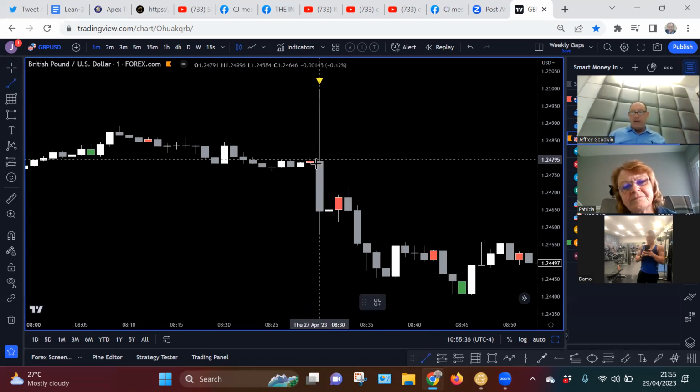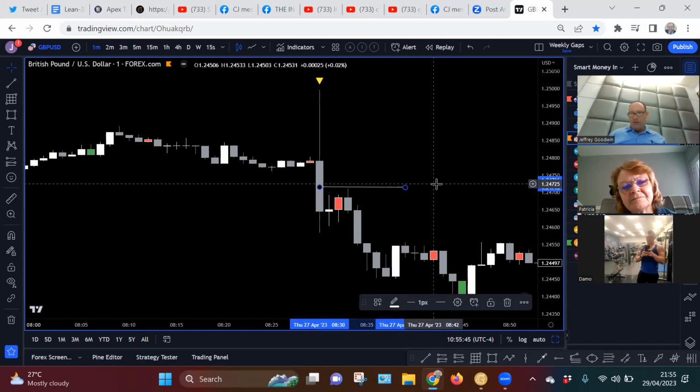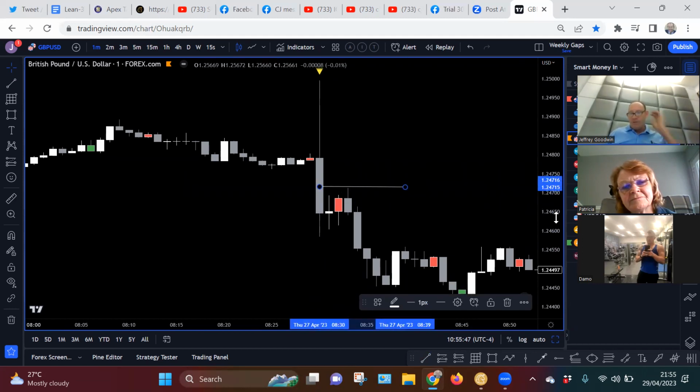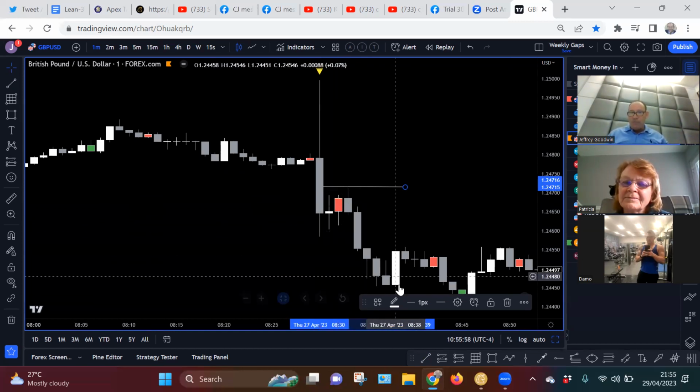Because we have a big candle like this, what could happen is it could go to what did I say previously? The 50%. Oh my God, the light bulb moment happens, doesn't it, Patricia? But that would be the wrong way, would it then? Well, yeah, but just let it do that, then enter the trade as it comes down.